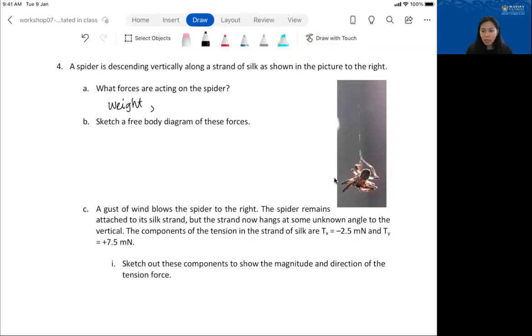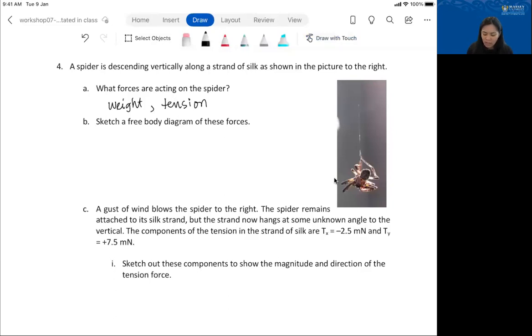It's the one that's holding it up, the tension in the strand of silk. Is there any other force? It's not given in the problem, but we'll assume that air resistance and friction are negligible. So there are essentially just 2 forces acting on the spider: its weight and the tension in the string.